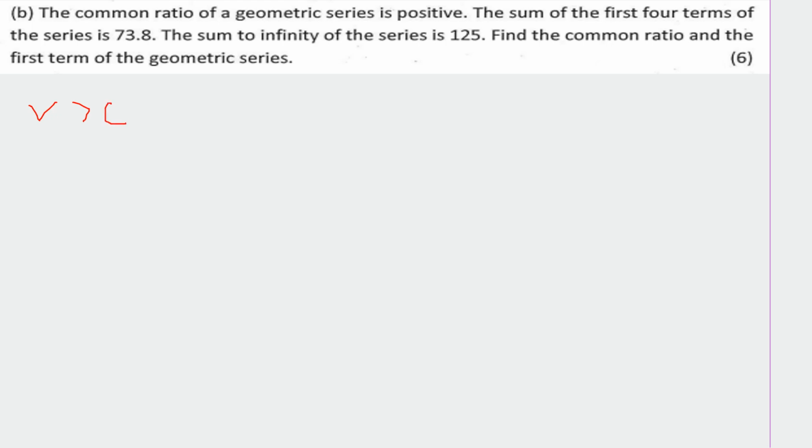Your common ratio is greater than 0, positive. And then as the statement goes, they say the sum of the first 4 terms of the series is equal to 73.8.